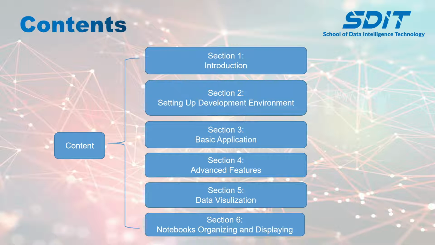Section 3, basic applications. Section 4, advanced features. Section 5, data visualization. Section 6, notebooks organization and display. Now we are in Section 1, introduction. Let's discuss the following sections one by one.